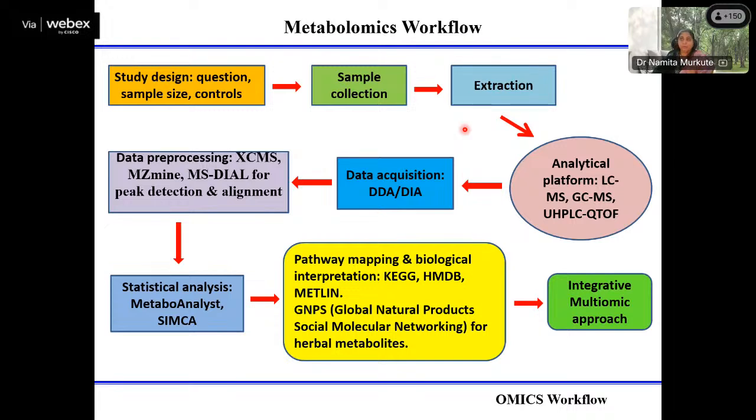But for a particular type of metabolome or metabolomic studies, gas chromatography, mass spectrometry is used, and it gives very nice results when the sample contains oils, alkaloids. So in such cases, if you use gas chromatography, mass spectrometry, it will give you good results and good sensitivity.